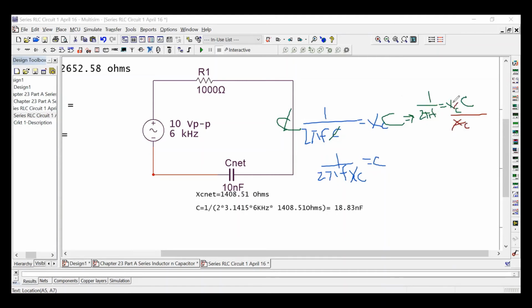If I divide on this side by X sub C, I have to do it on this side. So what we're left with is 1 over 2 pi F times X sub C is equal to C. That help you? Yep. Good.